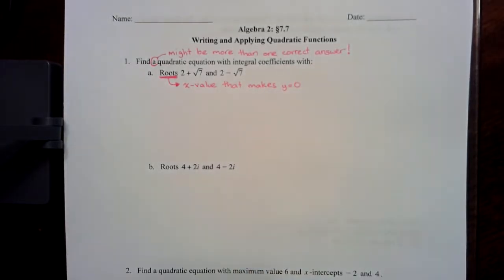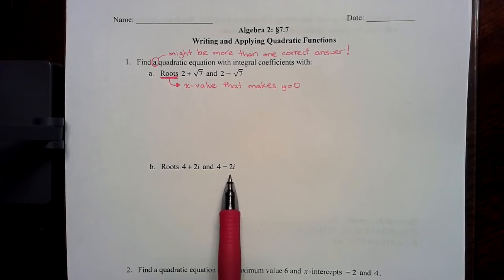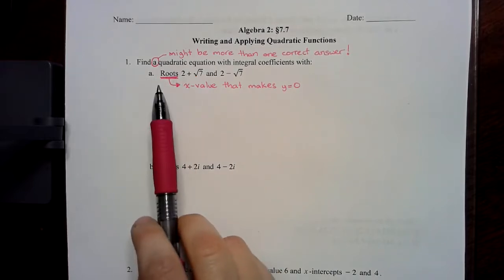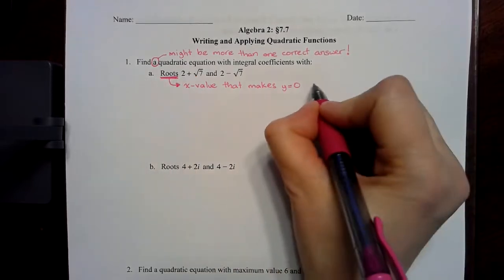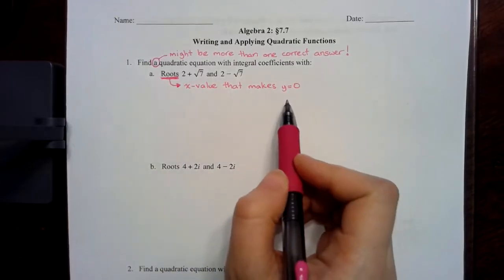And you might say, well, isn't that just an x-intercept? Well, it turns out that roots don't have to be real numbers. X-intercepts do have to be real numbers, but roots do not. And that's why we're using this vocabulary. So we're going to treat these like x-intercepts.